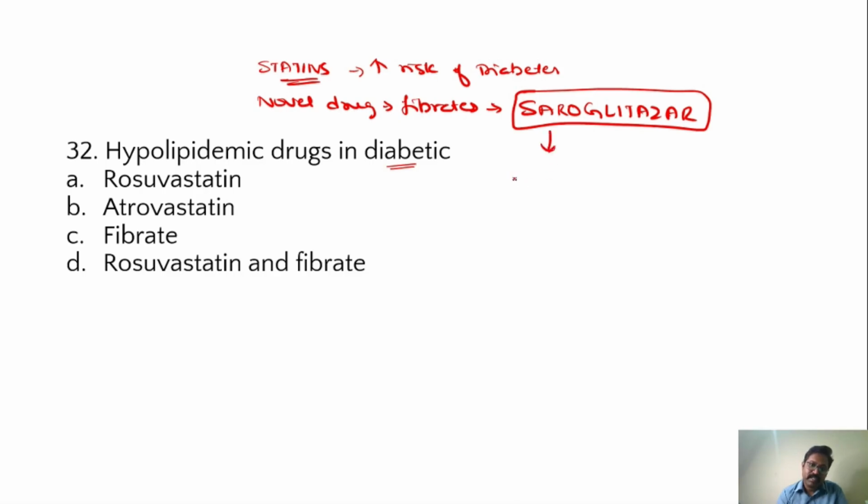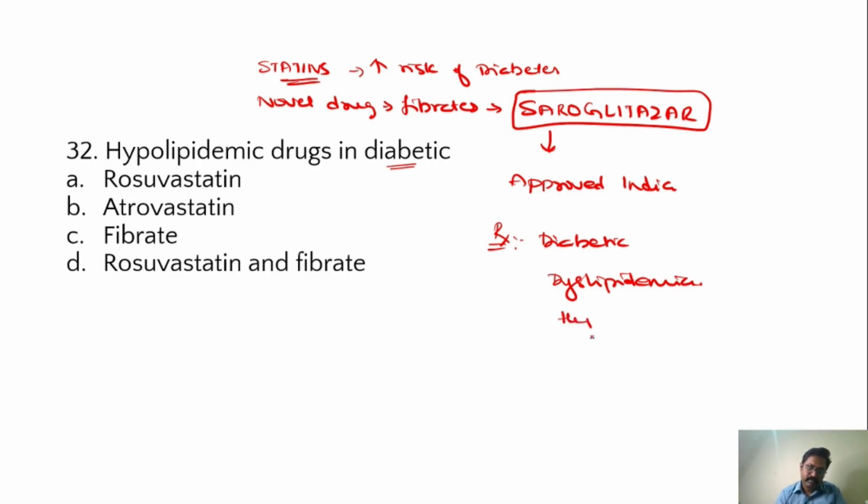It has been approved in India for the treatment of diabetic dyslipidemia as well as hypertriglyceridemia.